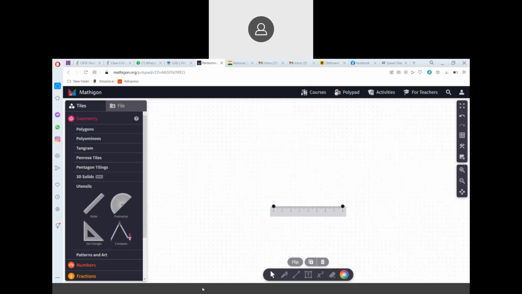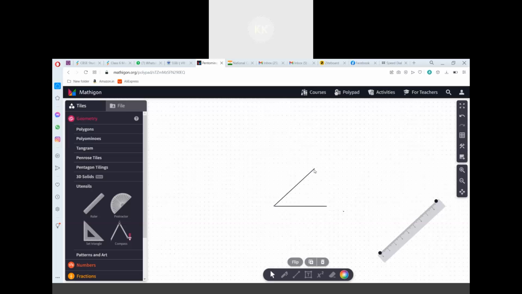You just observe. I have drawn a line segment. Suppose I rotate this ruler to some extent, and once again if I join this, there will be some angle formed. This is the angle formed.